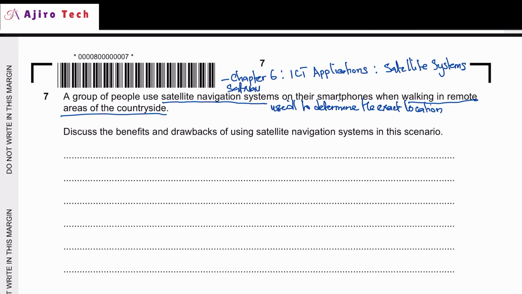The way it works, the satellites surround the Earth and transmit signals to the surface. The computer installed in the smartphone would receive and interpret these signals. Each satellite transmits data indicating its position and time.